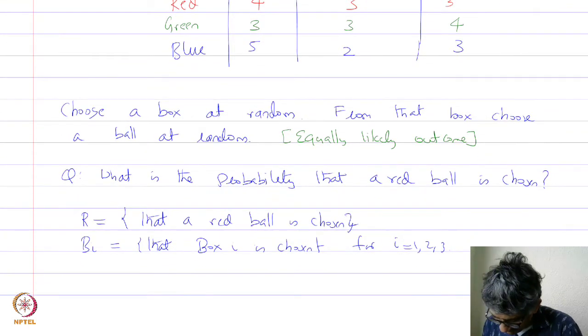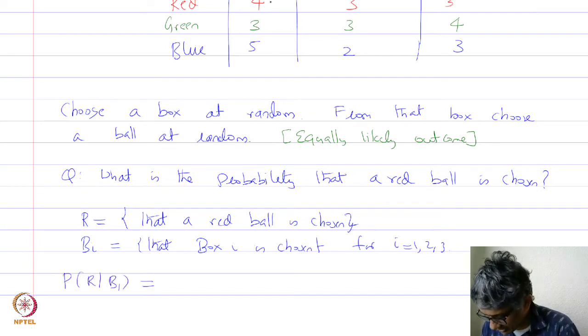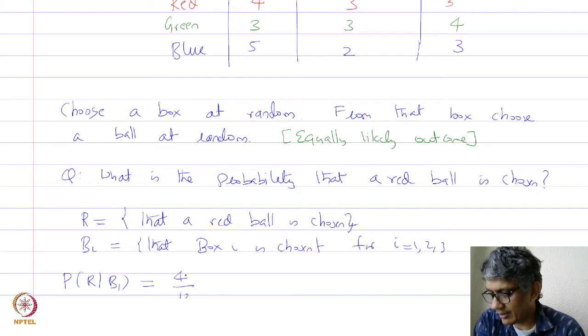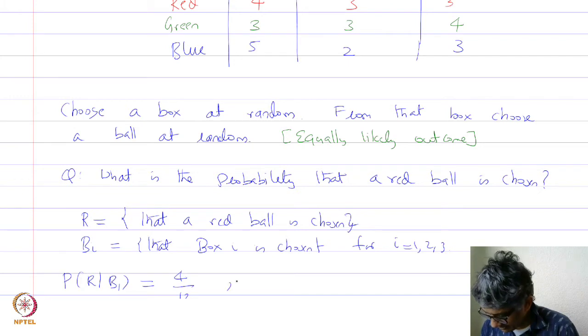So the probability of red given B1: there are 12 balls in total, and I have 4 red balls, so that means 4 by 12.